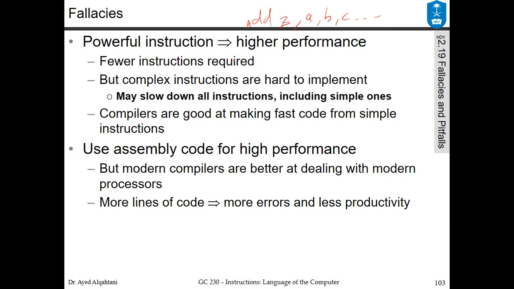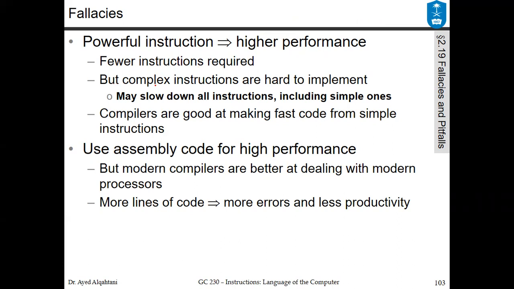Fewer instructions are actually required if you do that, but complex instructions are hard to implement. You think by doing the powerful instruction, you will get a higher performance because you will have fewer instructions, since you are combining the little instructions into really big ones.